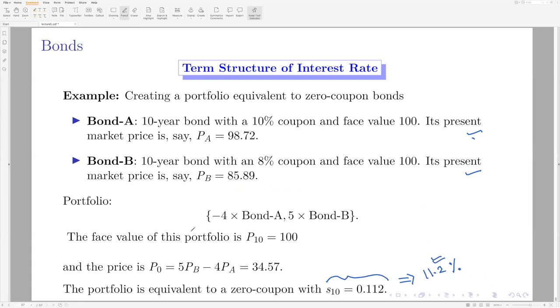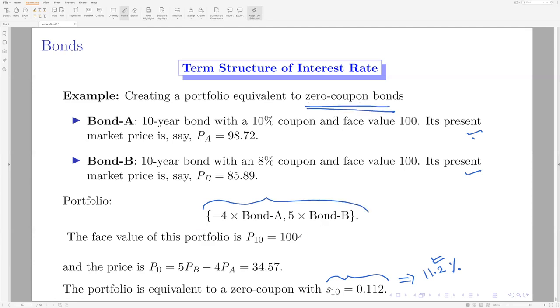So if I coin a question like that, then you have to carefully write a portfolio which is equivalent to a zero coupon bond.